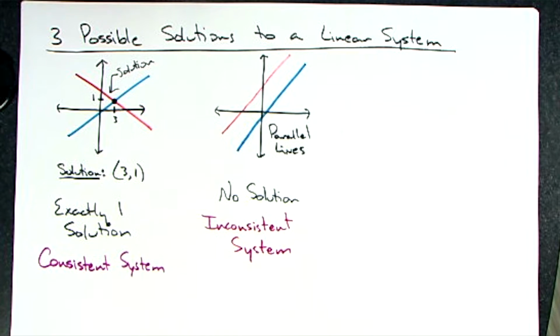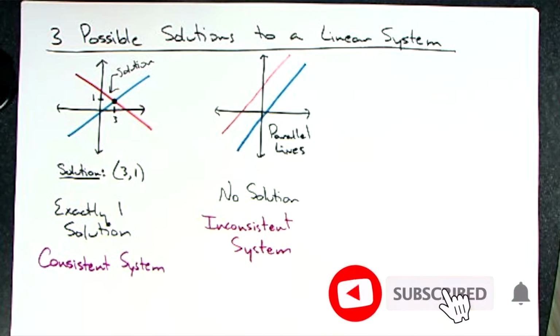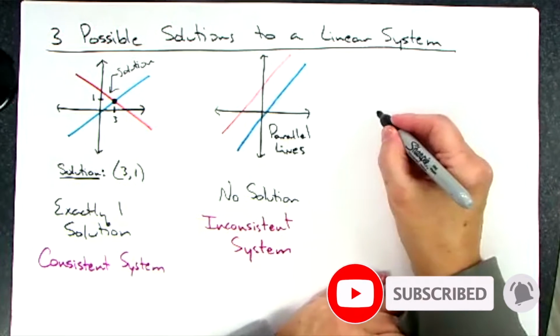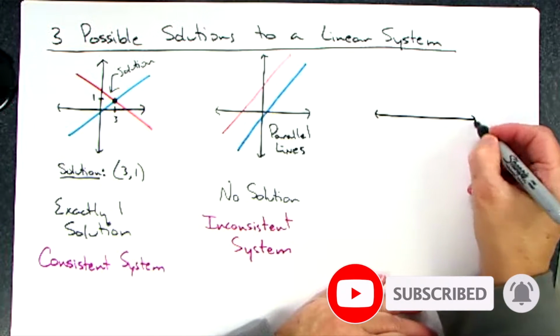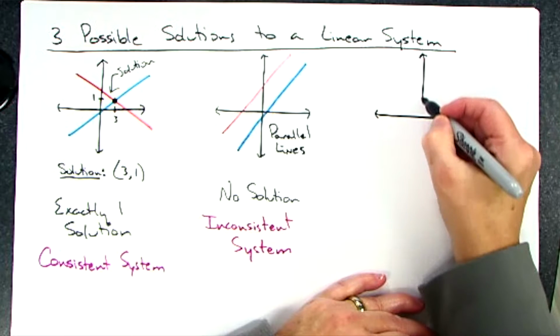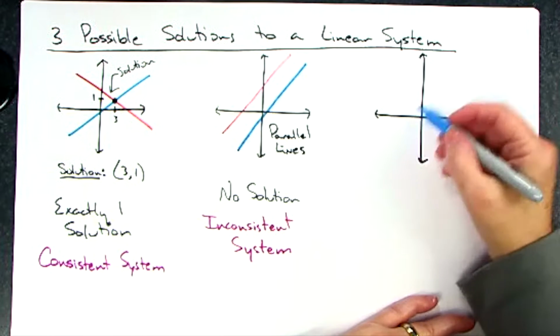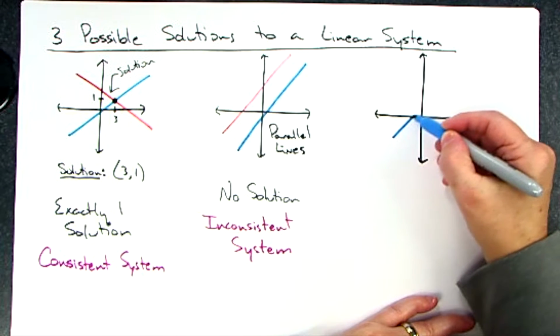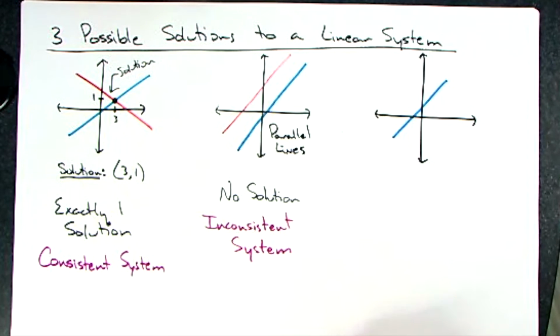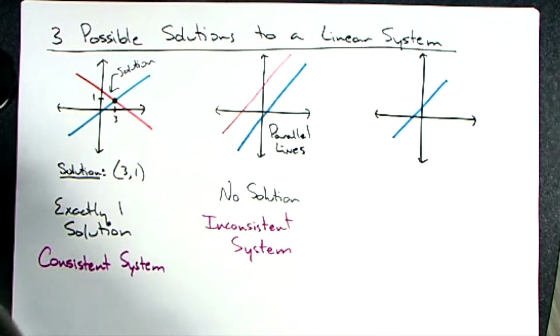So maybe something new. All right, now third possible scenario, hardest one to draw on a picture. All right, two linear lines. Let's suppose I draw my first line, I graph it, and it shows up right there. I think I'm going to use a highlighter for the next one.